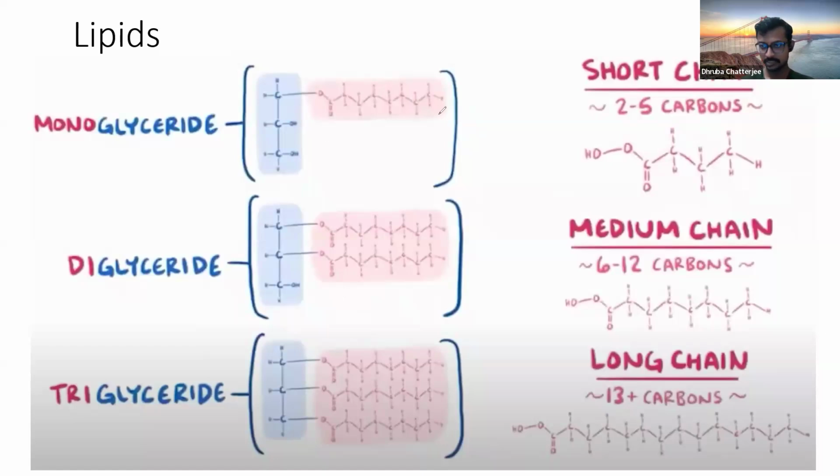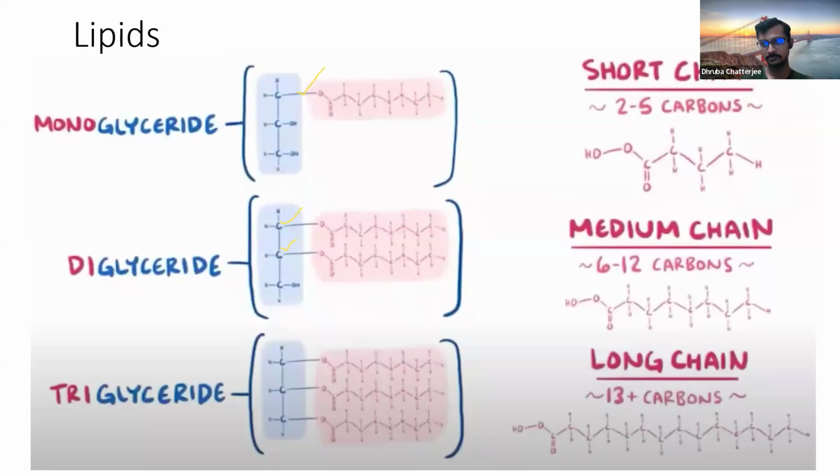If a single fatty acid residue is attached by this covalent ester bond, it's a monoglyceride. If two fatty acid residues are attached to two different carbon atoms of the glycerol moiety via ester bonds, they are diglycerides. And if three fatty acid residues are attached to three different carbon atoms of the glycerol molecule, then it's a triglyceride.